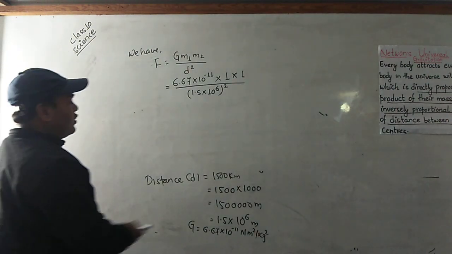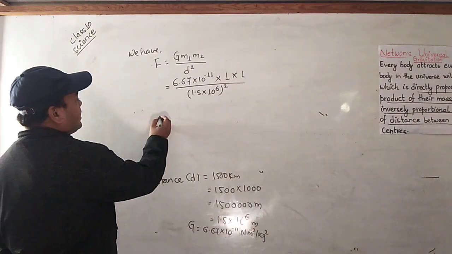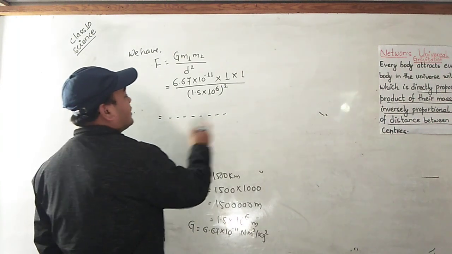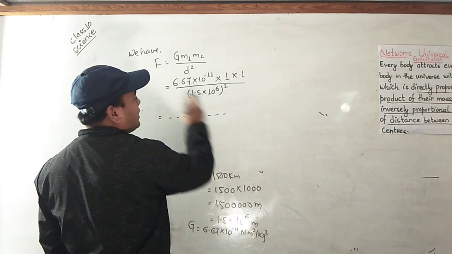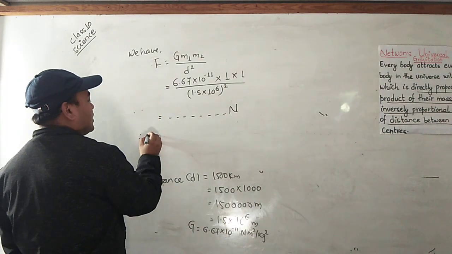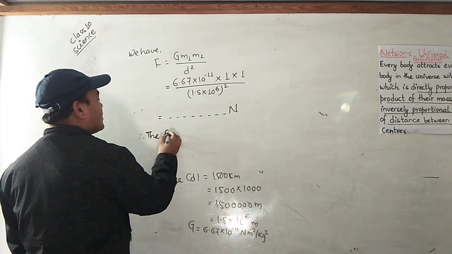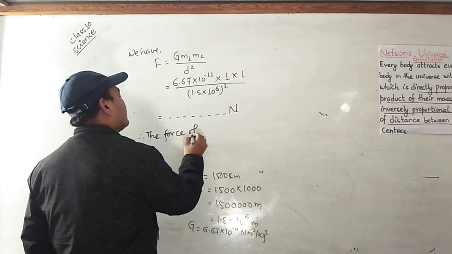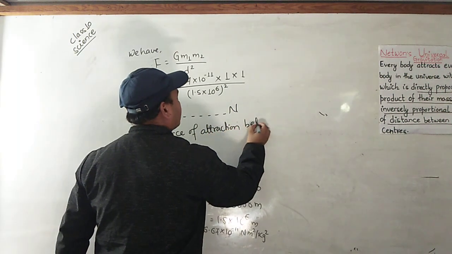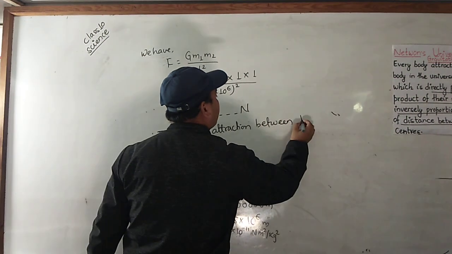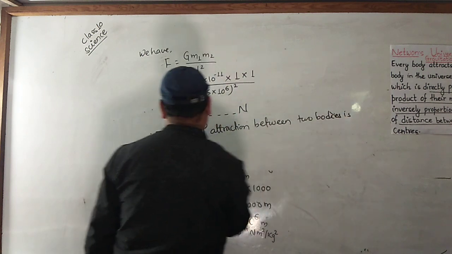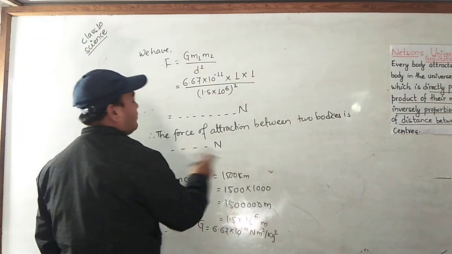Okay, now you can use the calculator and find the value, and finally the force unit is Newton, so mention the unit Newton, and therefore write the conclusion: the force of attraction between two bodies is, write the conclusion with unit.